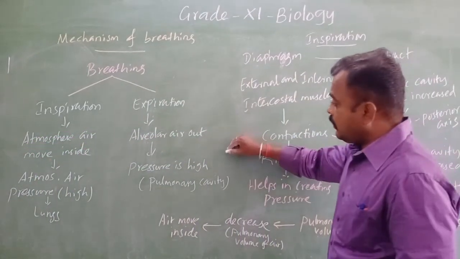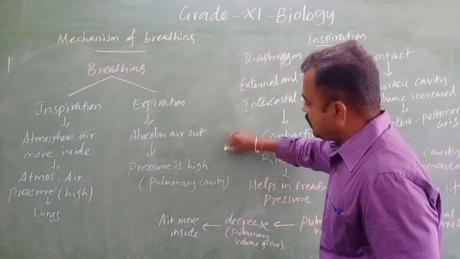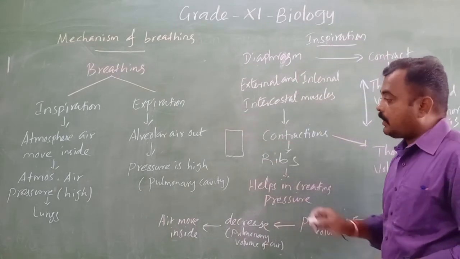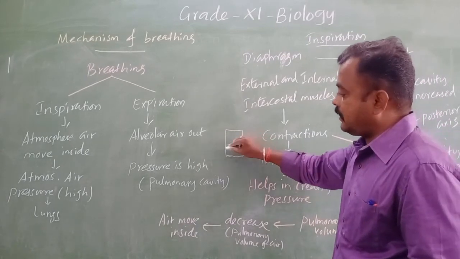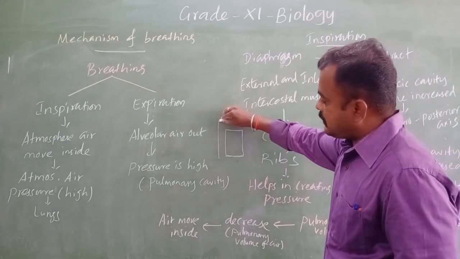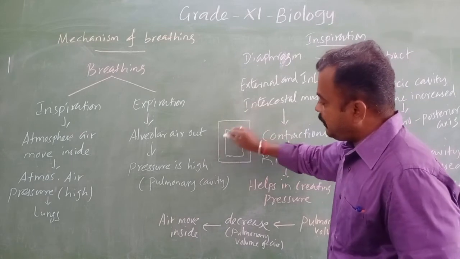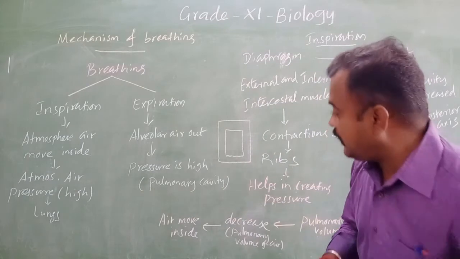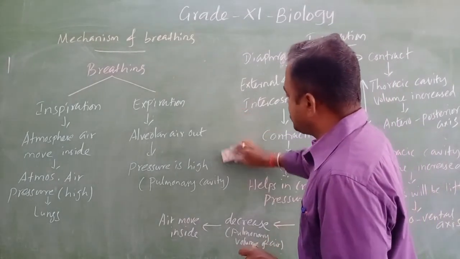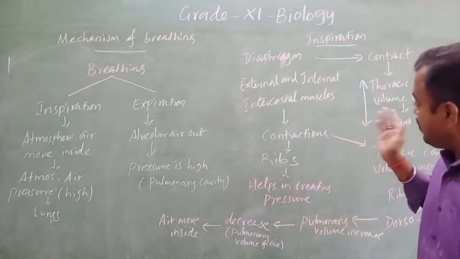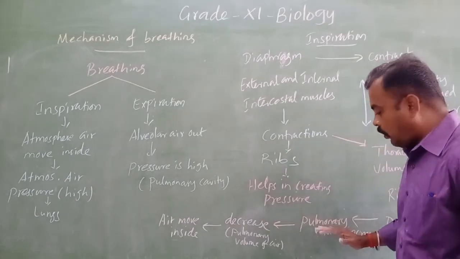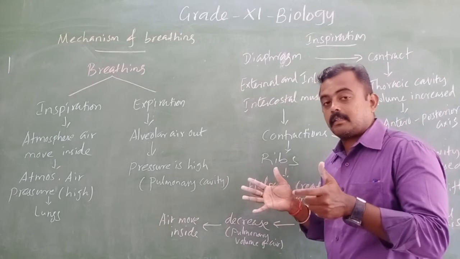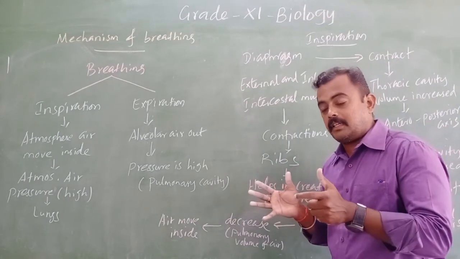If you see like this, if this is one box, it is a small one. Here the pressure is high. If it is the biggest one, here the pressure is low. The same thing happens in the lungs. When the thoracic cavity is increased, the pulmonary volume is also increased, so the space of the pulmonary cavity is increased.